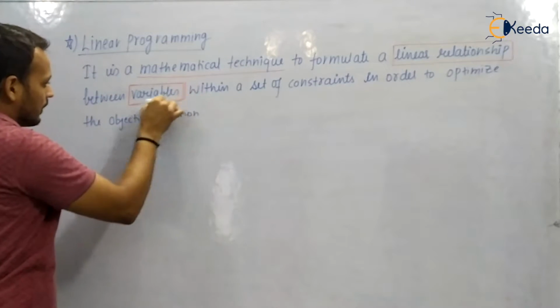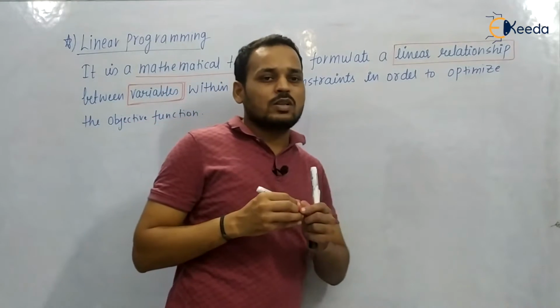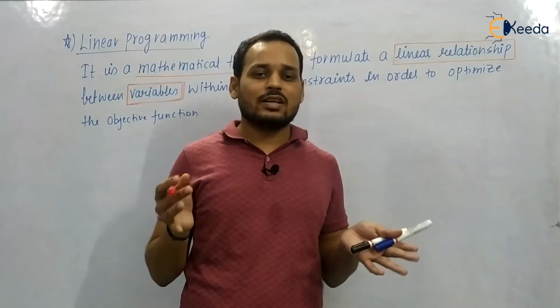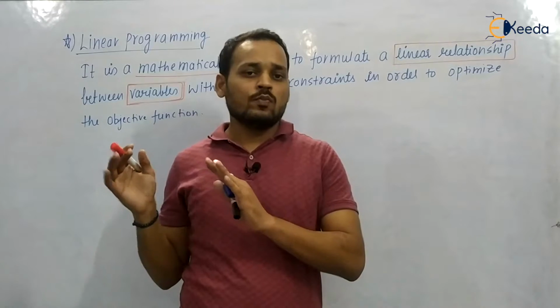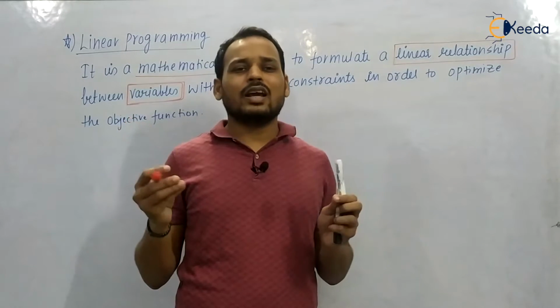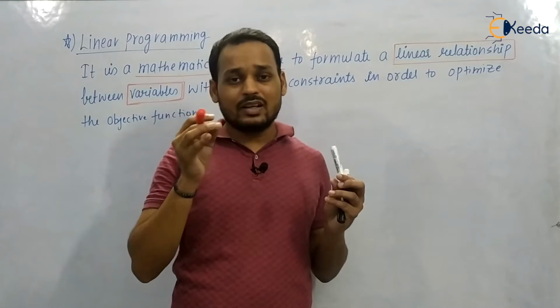So one word is variables. In general mathematics, if I ask you what the variables are, you will say x, y, z are the variables. Here also our variables are going to be x, y and z. It can be anything else also, like the alphabet s.